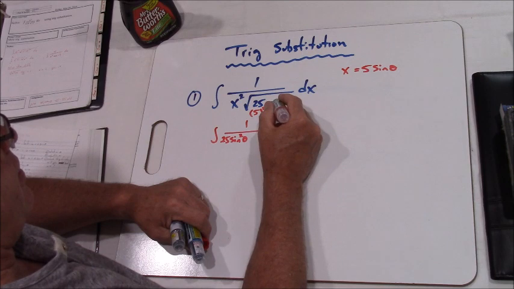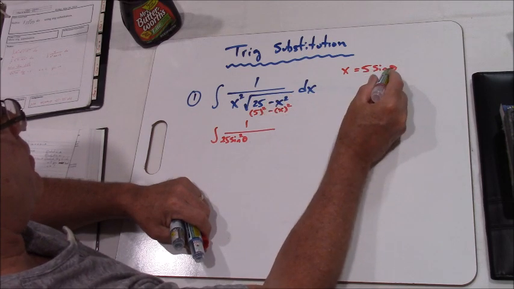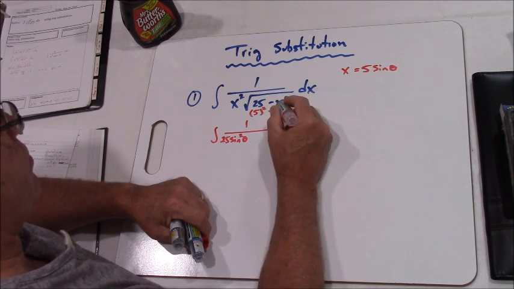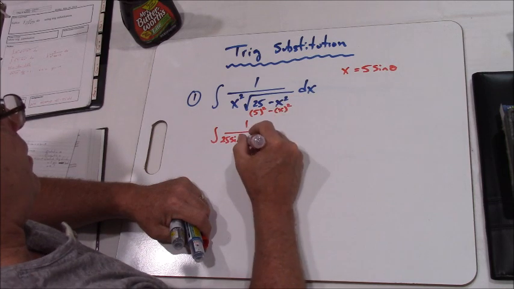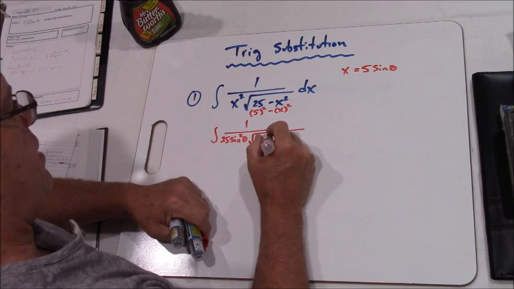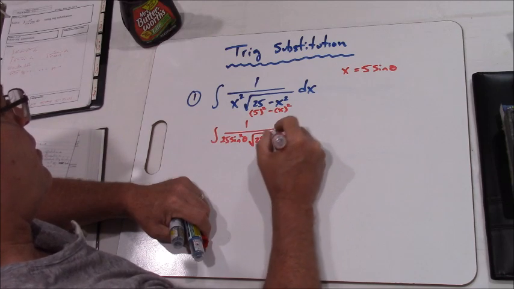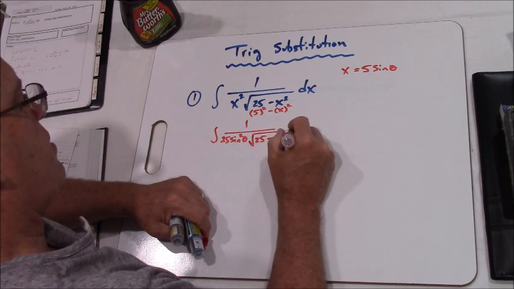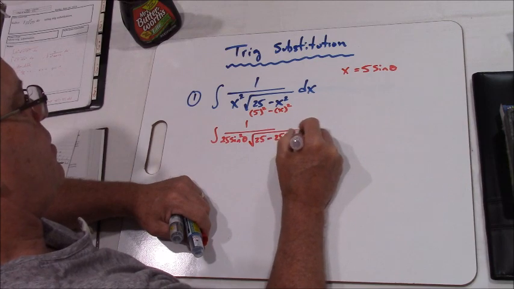And then if I put a 5 sine theta in place of x and square it, what I'm going to get is the square root of 25 minus 25 sine squared theta.